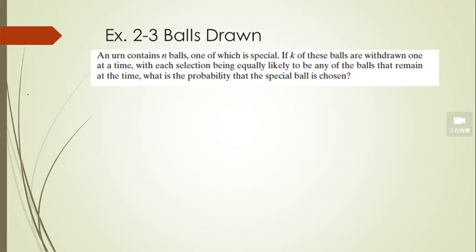So the sample space will be this S, the second S means my sample space, okay. The sample space will be: k balls are randomly selected one at a time, right, drawn from n balls.